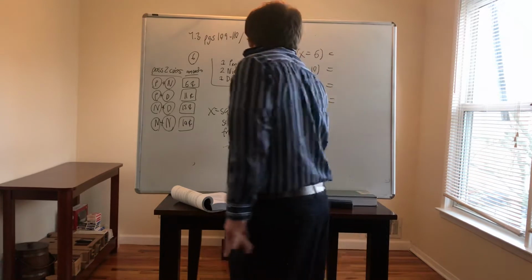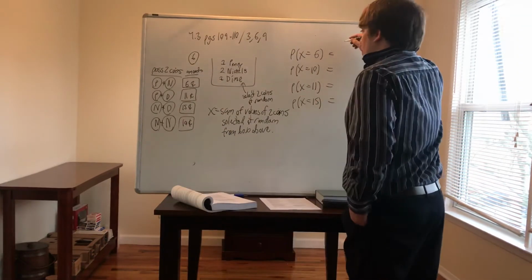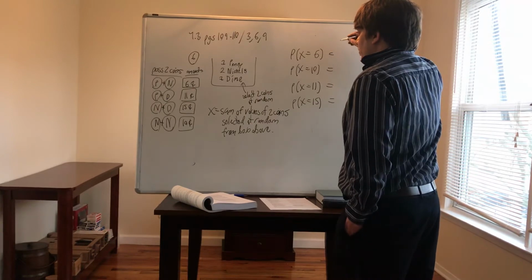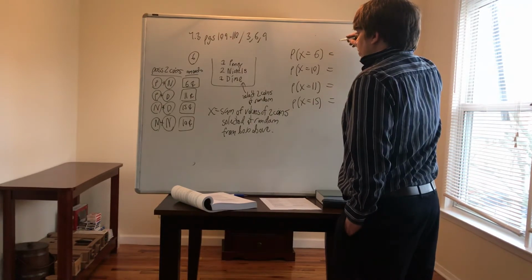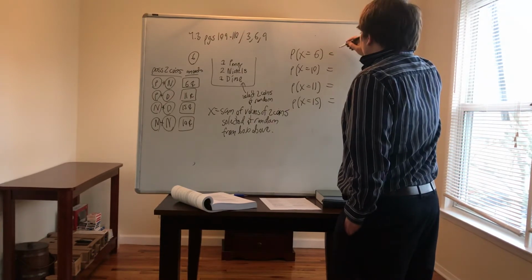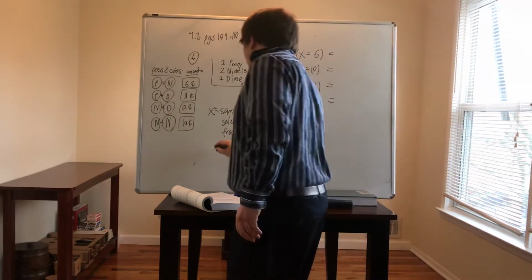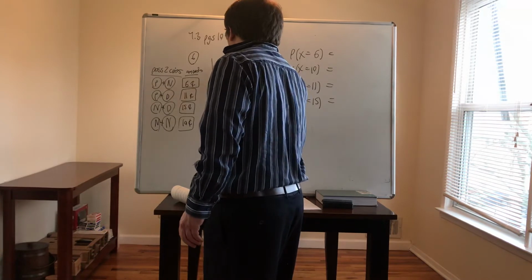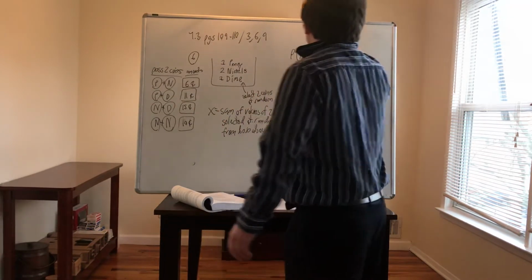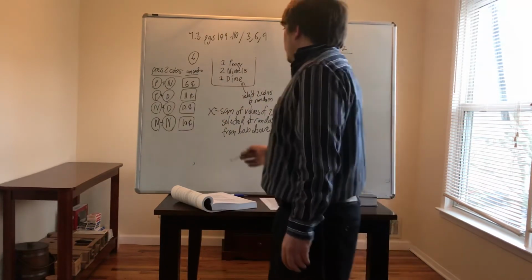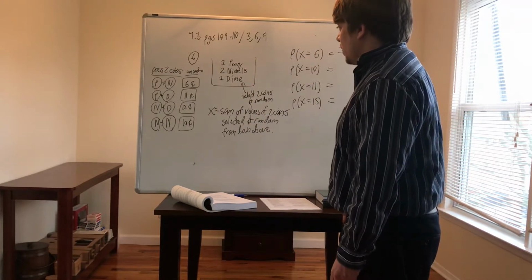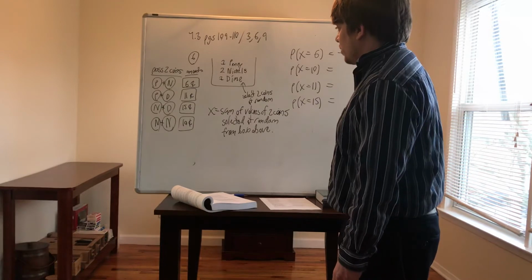So the probability of x equals 6 is the number of ways you can choose 1 penny and 1 nickel. There's 1 penny and 2 nickels, so there's 2 ways. That would be divided by the number of total ways you could choose 2 coins from the box.